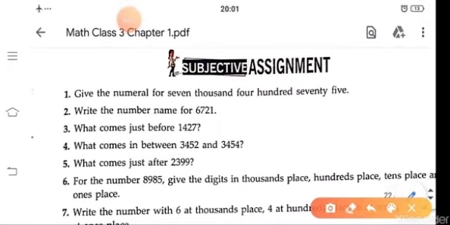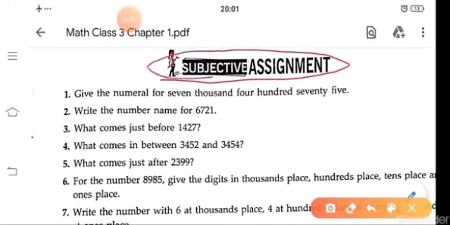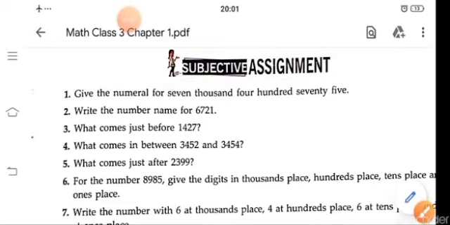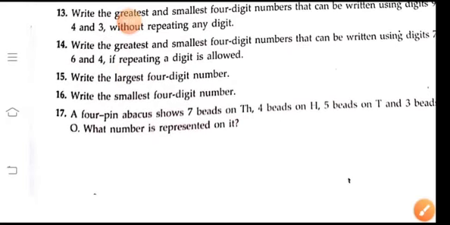Now here is the subjective assignment. This also has to be done in your copy, because you have already learned about the number names, before, after, in between. So write all these exercises in your copy and do the sums. Children, do all the exercises that are given over here.